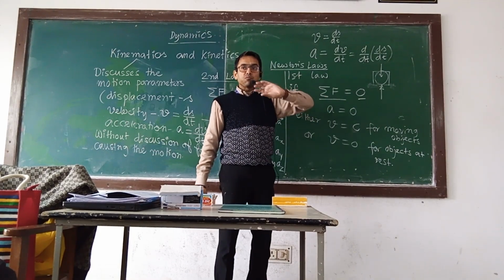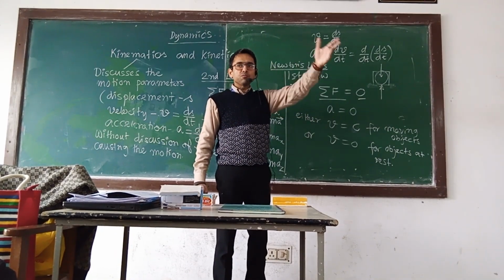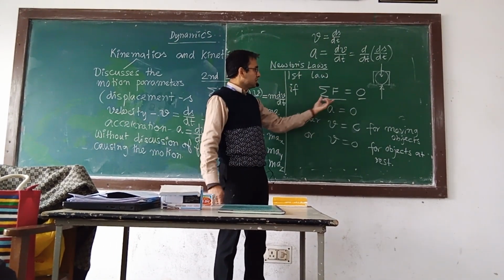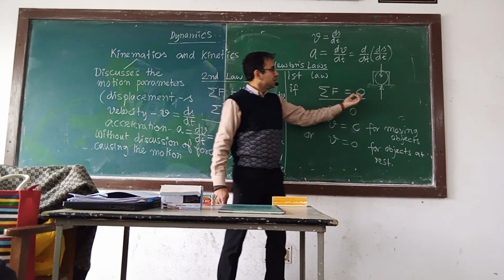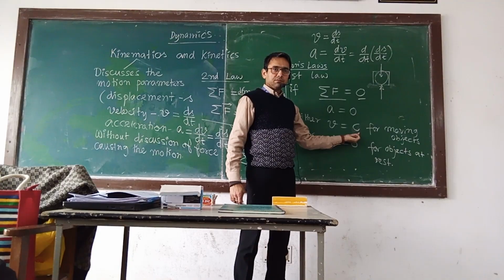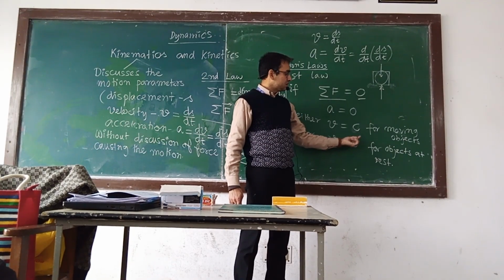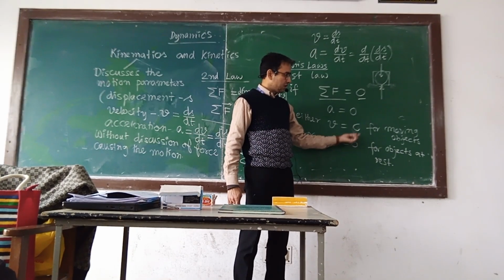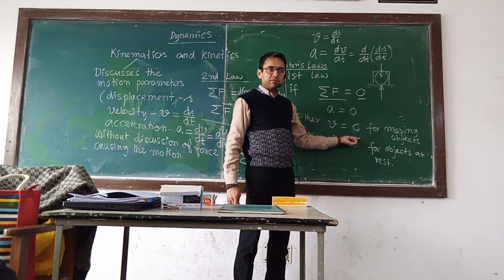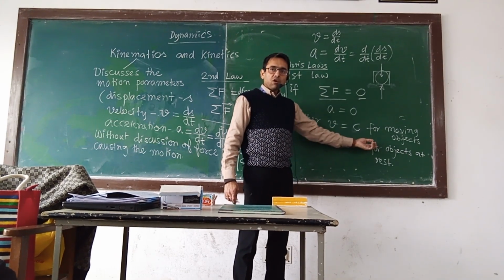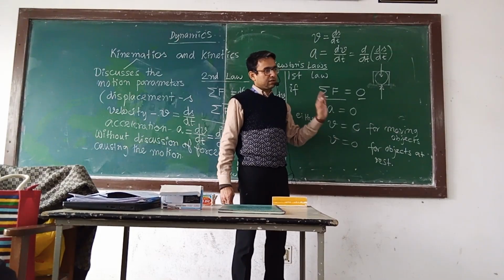Clear? Now, if it were moving, then it will continue to move with the same velocity because there is no resultant applied force. So the velocity will be constant. Two cases, right? One is constant velocity, another is zero velocity. If it is moving, it will continue to move with constant velocity. If it is already at rest, it will continue to be at rest.